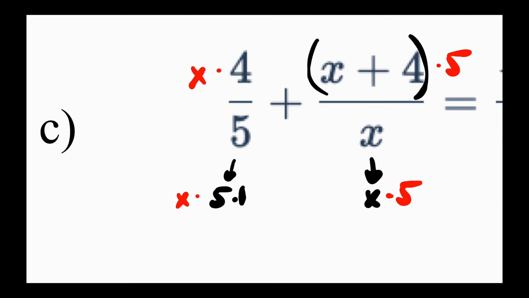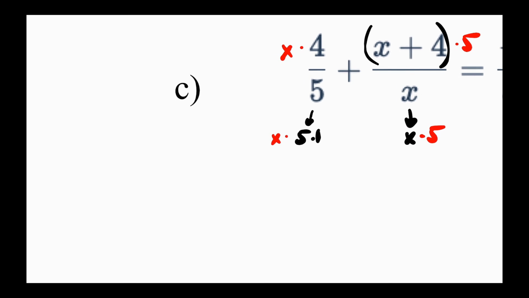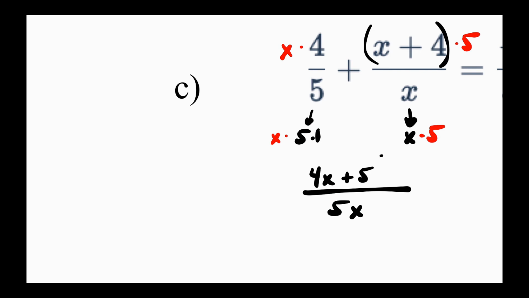I need to add them together. So I need to use the steps that you did on the quiz. So now the common denominator is going to be 5x. And then over here, you're going to get 4x. And then you have a positive 5 that you're going to distribute with x plus 4.